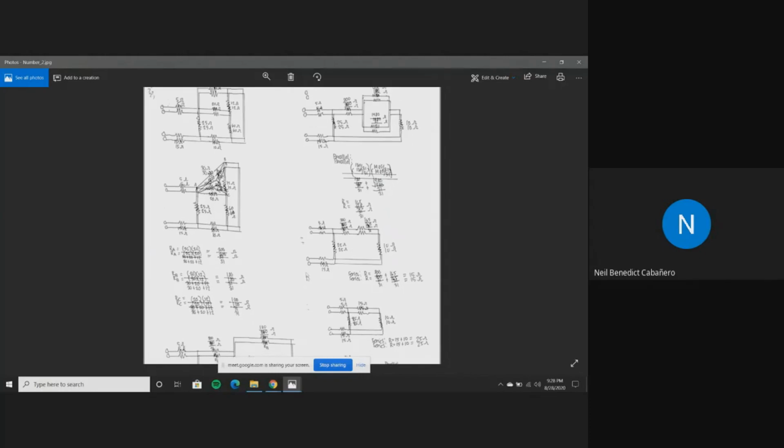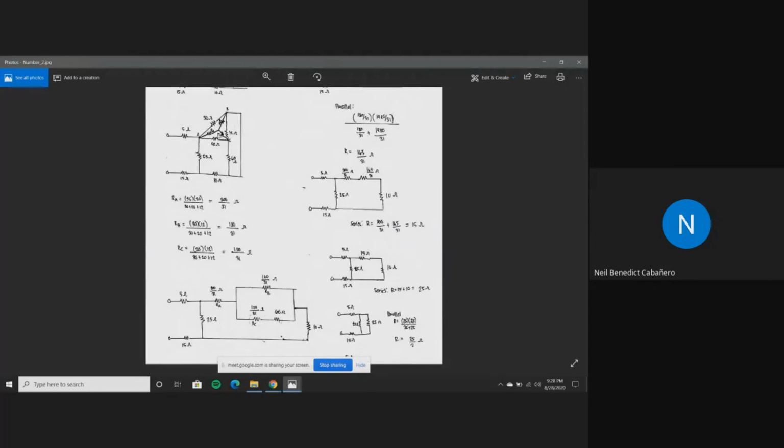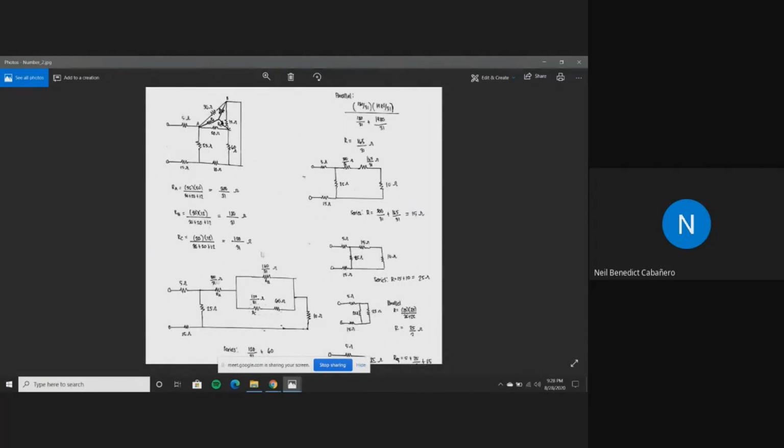So next step, as we perform the delta to Y transformation, we can then redraw this circuit into a simpler one, which is this.